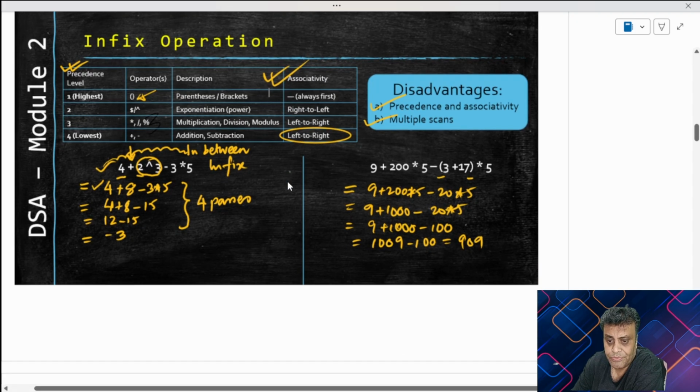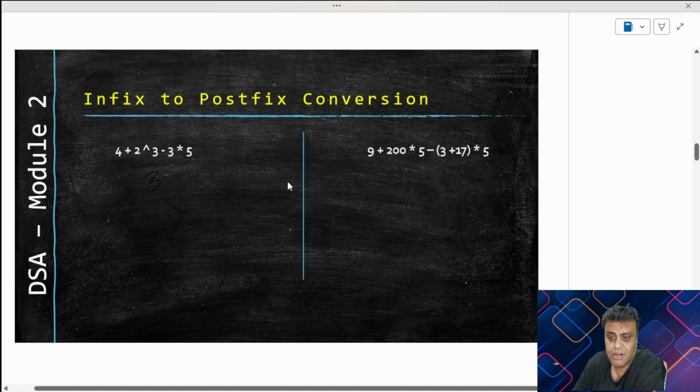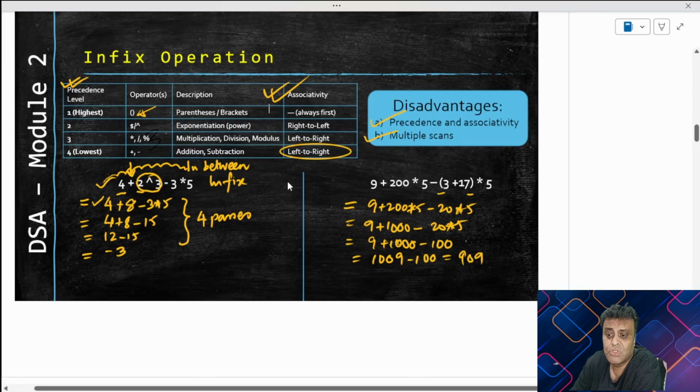So what do we do? We will therefore try to convert it into something that the computer understands and loves, in the sense that it is a data structure the computer is happy to have, because it can solve it without these two problems.